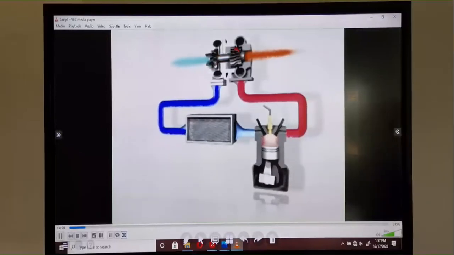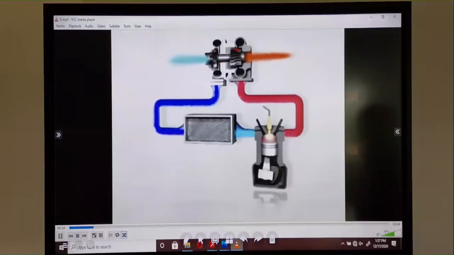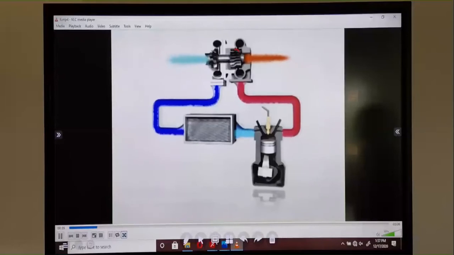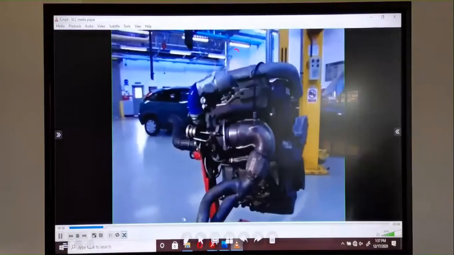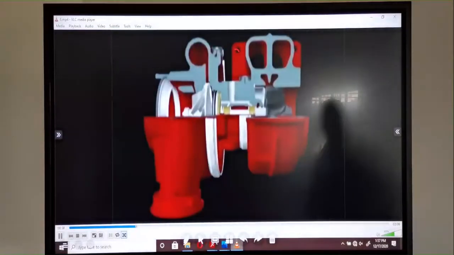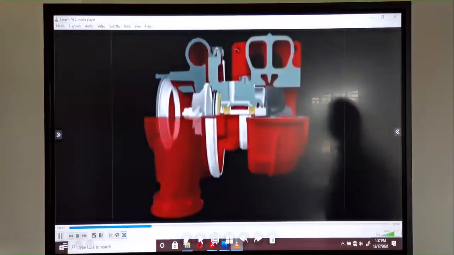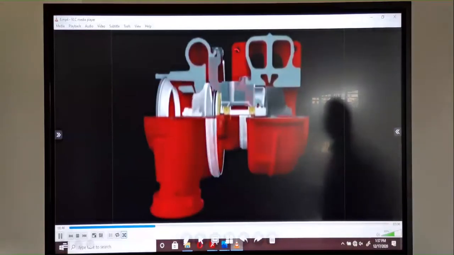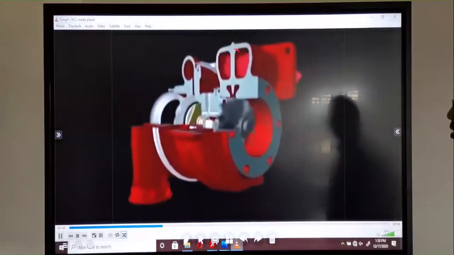So now you can see here the exhaust manifold.